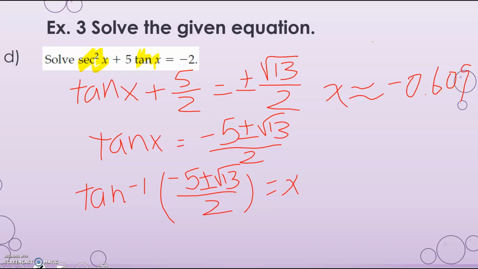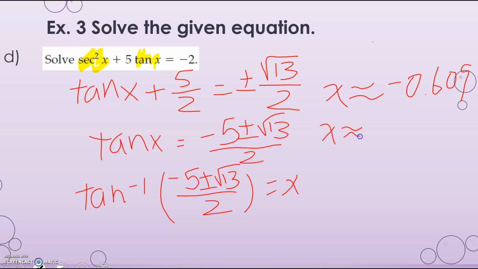Now, if you remember what the graph of tangent looks like, within any period of tangent, which is pi, you're not going to touch the negative 5 plus root 13 over 2 more than once. So this is all I need for that period.